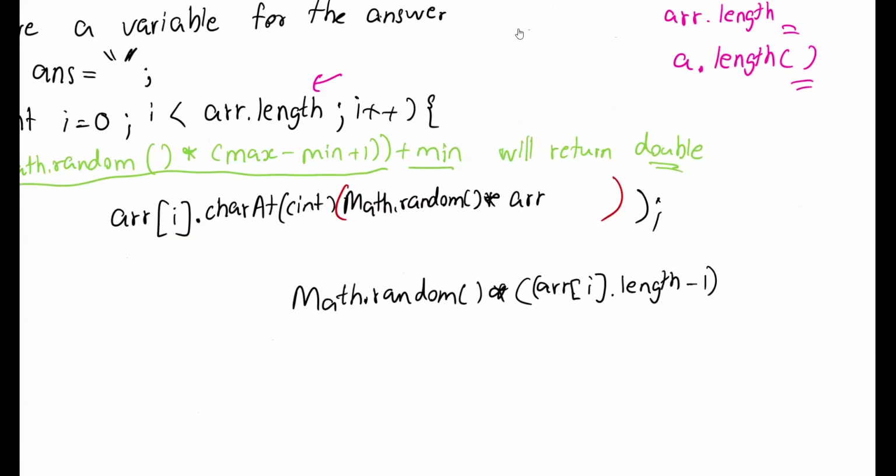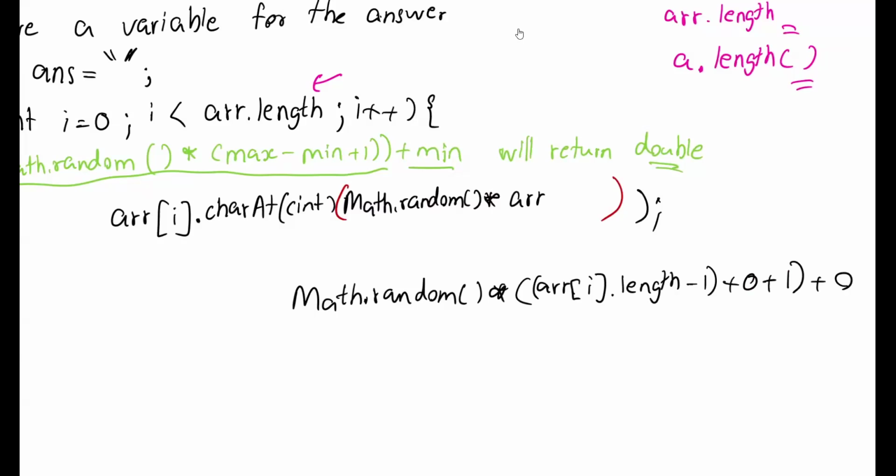That is the maximum because the maximum index cannot be array.length. If the length is 3, the maximum index is 2. So when you subtract 1, and then we add the minimum, the minimum is 0, and we add plus 1, and then plus the minimum.